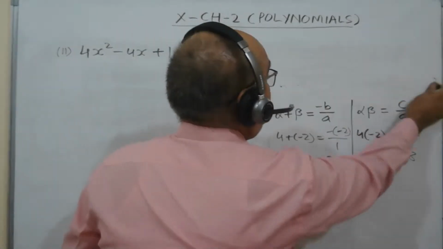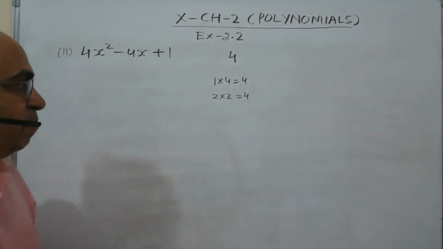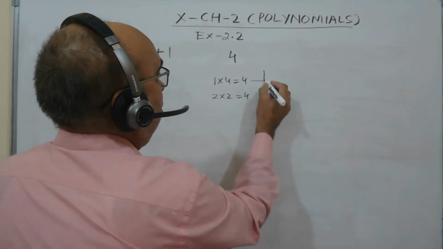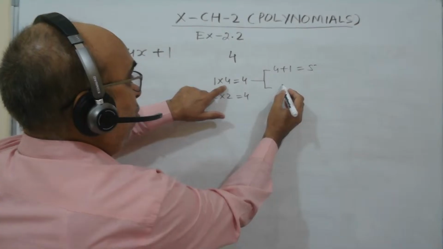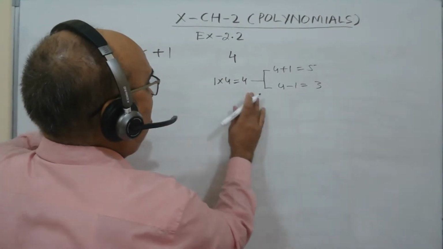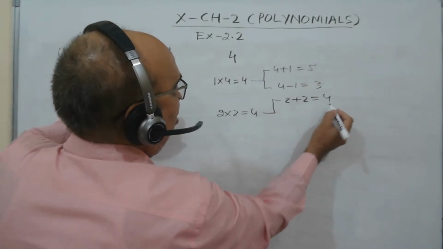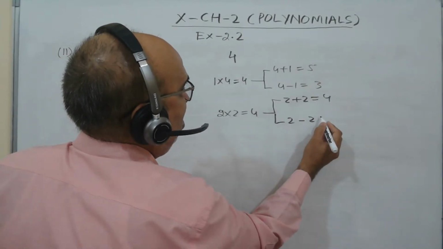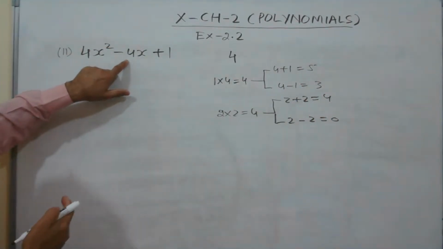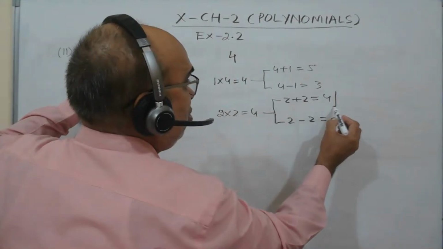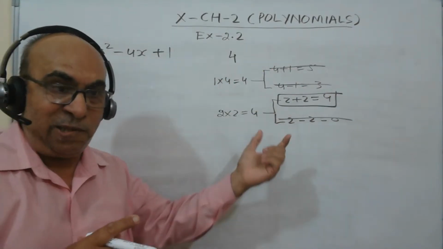And then see here how we will use. 4 plus 1 equals 5, 4 minus 1 equals 3, and 2 into 2 equal to 4, 2 plus 2 equal to 4, 2 minus 2 equal to 0. See, here is 5, here is 3, here is 4. We have 4. So we are going to use this one. This we will cancel in our brain. No need to write like this.